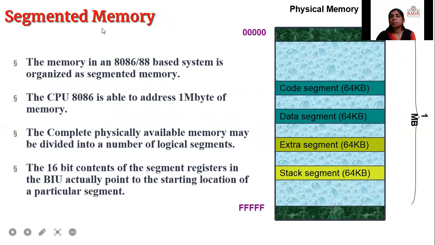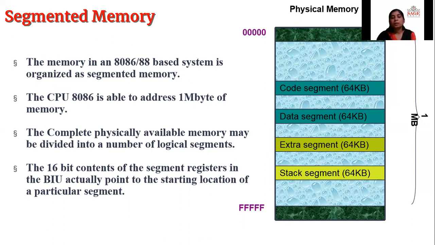The complete memory is divided into 4 parts: code segment, data segment, extra segment, and stack segment. The memory in 8086 is organized as segmented memory. The CPU is able to address 1 megabyte of memory, and the complete physically available memory may be divided into a number of logical segments.